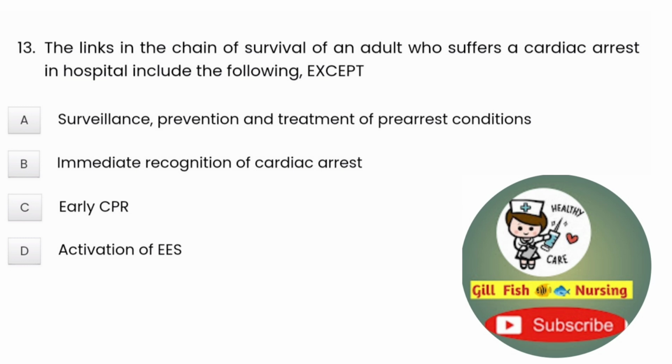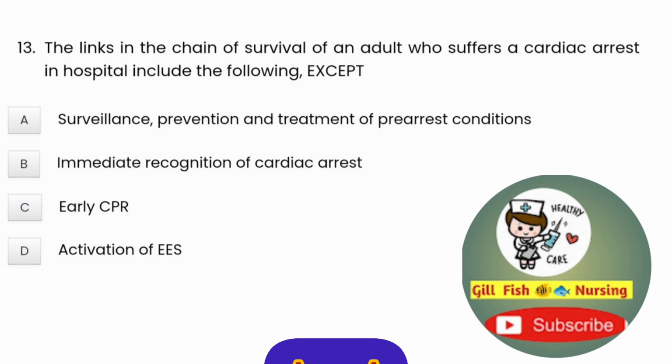So what could be the correct answer? When you are going through the chain of survival in cardiac arrest in a hospital, what are you going to do? So immediate recognition of cardiac arrest, early CPR, activation of EMS, that is the chain of survival. The question is 'except', so option A is the correct answer.